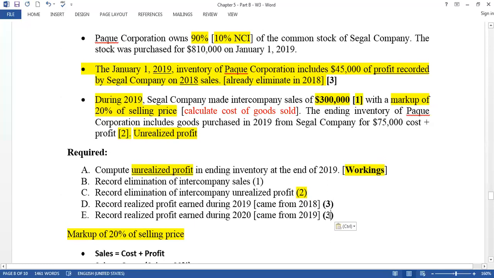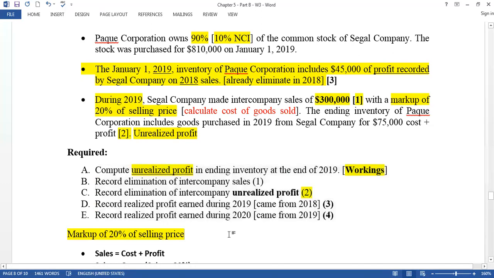What is unrealized in 2019 can be realized in 2020, right? So you can expect this kind of thing in your exam also.